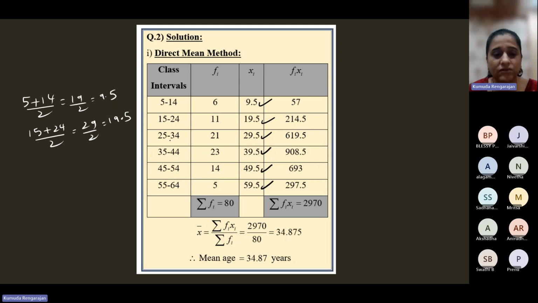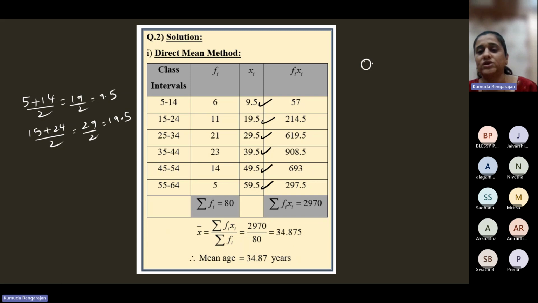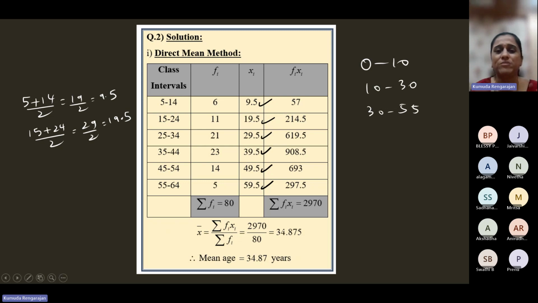Because the class intervals have a uniform width, you can follow the rhythm. If the class intervals are like, supposing, 0 to 10, then 10 to 30, then 30 to 55, this will not have a rhythm because you can see the gap keeps changing. The class width is not the same.